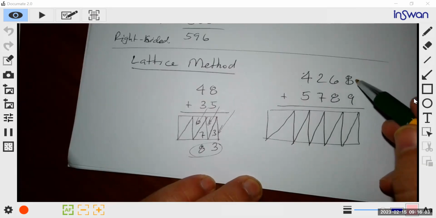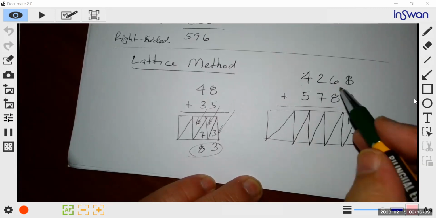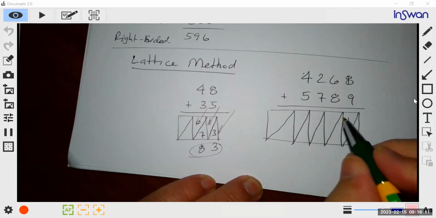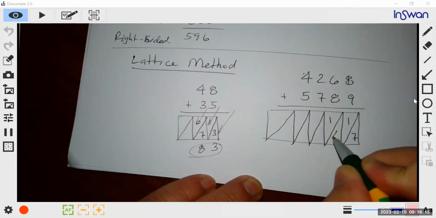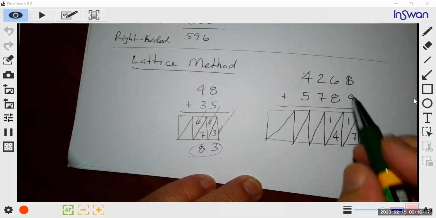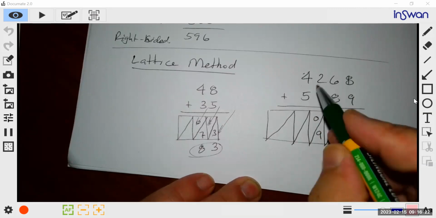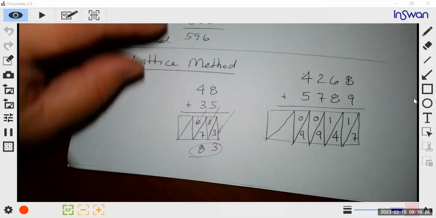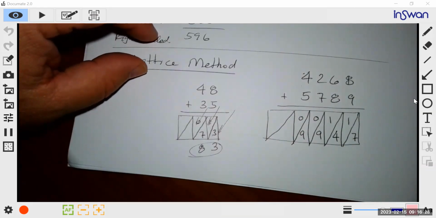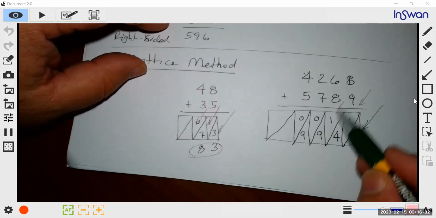So the first one, 8 plus 9 is, so it's 1 and a 7. 8 plus 6, 14. 2 plus 7, so it's 0, 9. And 4 plus 5, 0 and 9. So we add each of these diagonals.